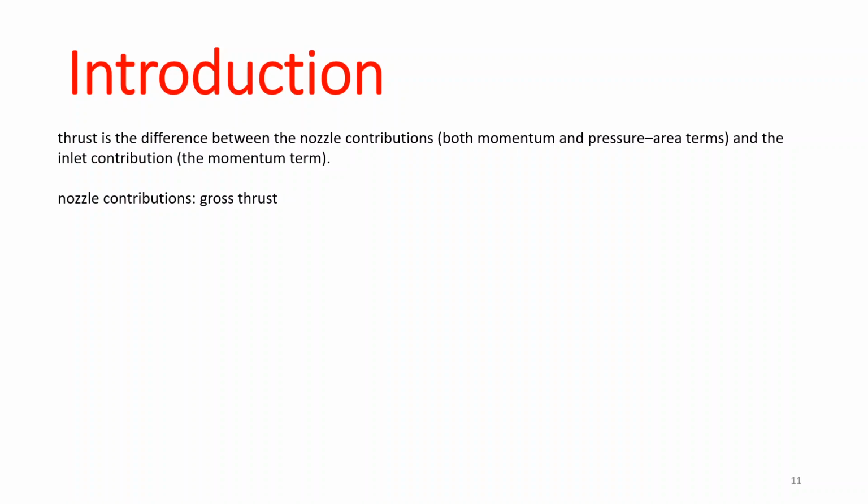We call the nozzle contributions the gross thrust. Essentially the only two parts, the exit part, F_G, that's why we call it F_G, because of gross thrust. F_G is (m dot 0 plus m dot f) V9, plus (P9 minus P0), multiplied by your exit area.